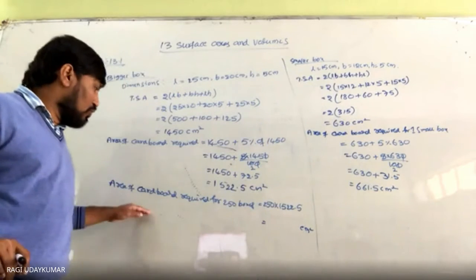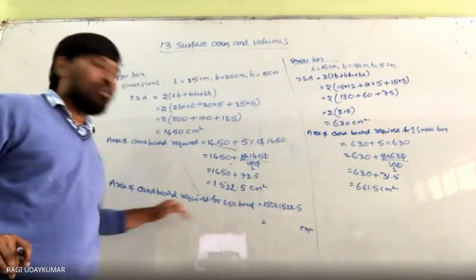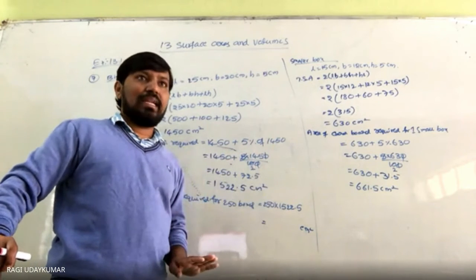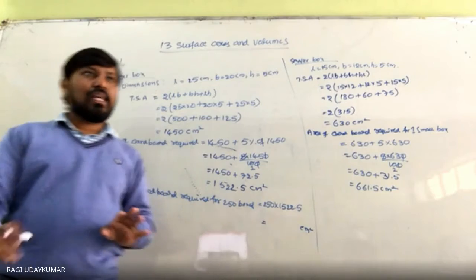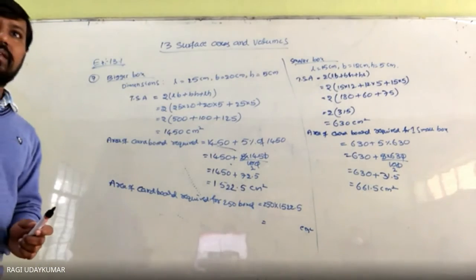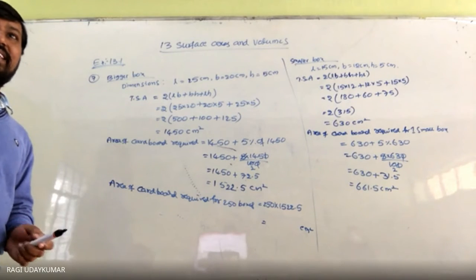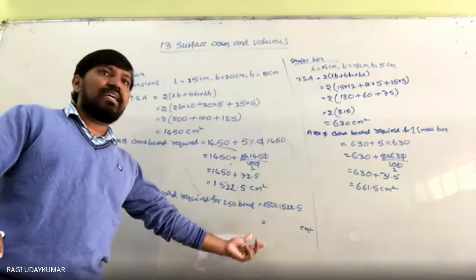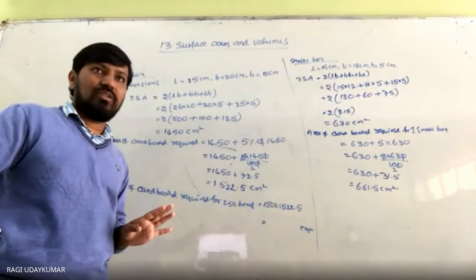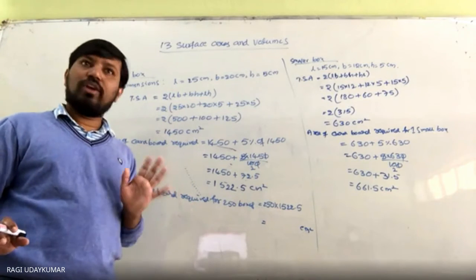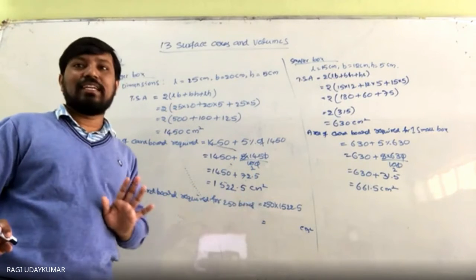So the area of the cardboard required for the 250 boxes means multiply by 250. Can you do it? Then the problem is not complete. The bigger box and smaller box total area, you have to find of both, add them. The total area of how much cardboard is required, you are going to get in centimeters square.